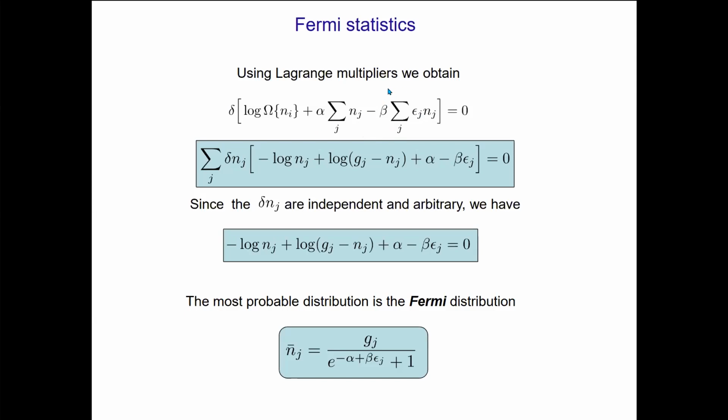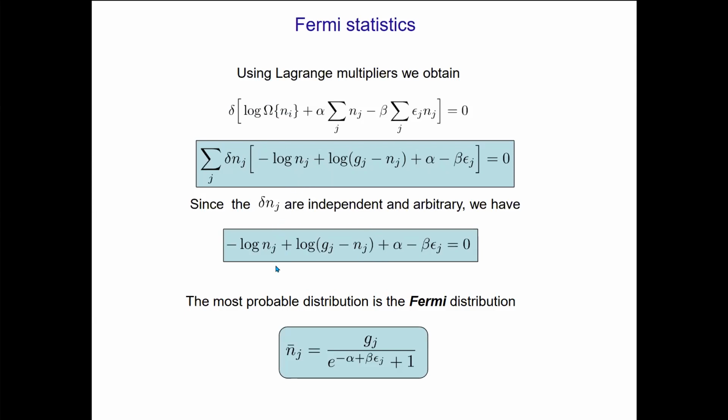And so we can vary them independently. Taking the small variation of this expression with respect to Nj results in this expression, and because all variations of occupation numbers are independent, we require the expression in the square brackets to be 0. This should give us the maximum of this multiplicity as a function of all occupation numbers.